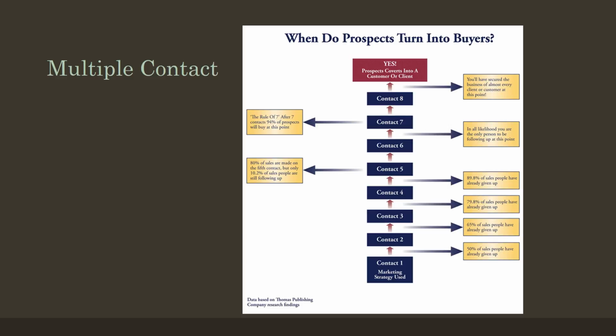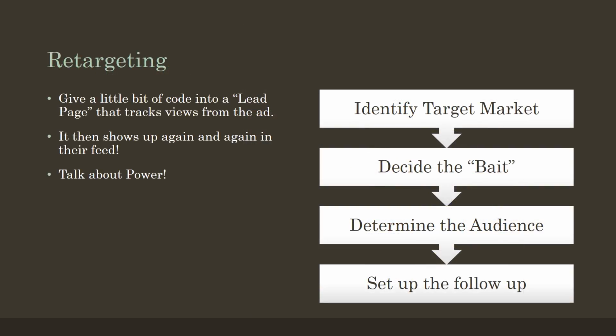So how in the world are you going to continue to contact somebody using Facebook with retargeting? So you have to do several things in this retargeting, which is where the pixel comes into play. A pixel is just a little bit of code that we take from Facebook and put into your website or a website page that we create called a lead page to identify those people who are interested in that market.